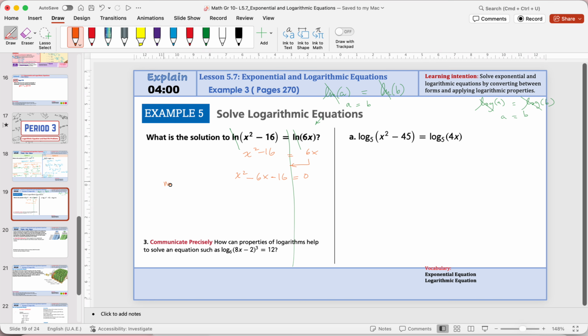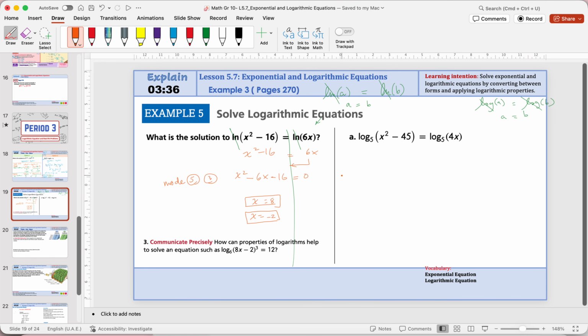Now use mode 5, 3 to find the solutions. Your a is 1, your b is negative 6, your c is negative 16. First solution is x equals 8. Second solution is x equals negative 2.